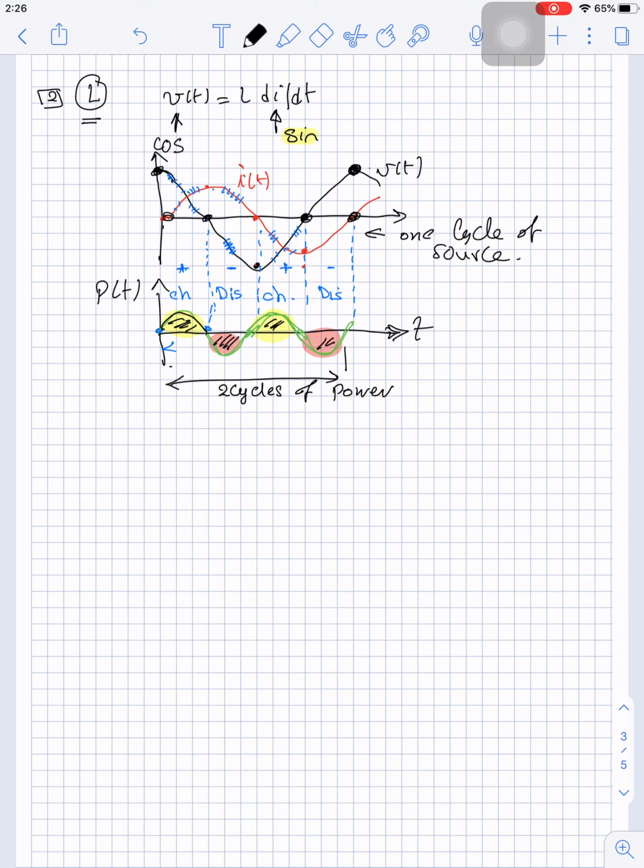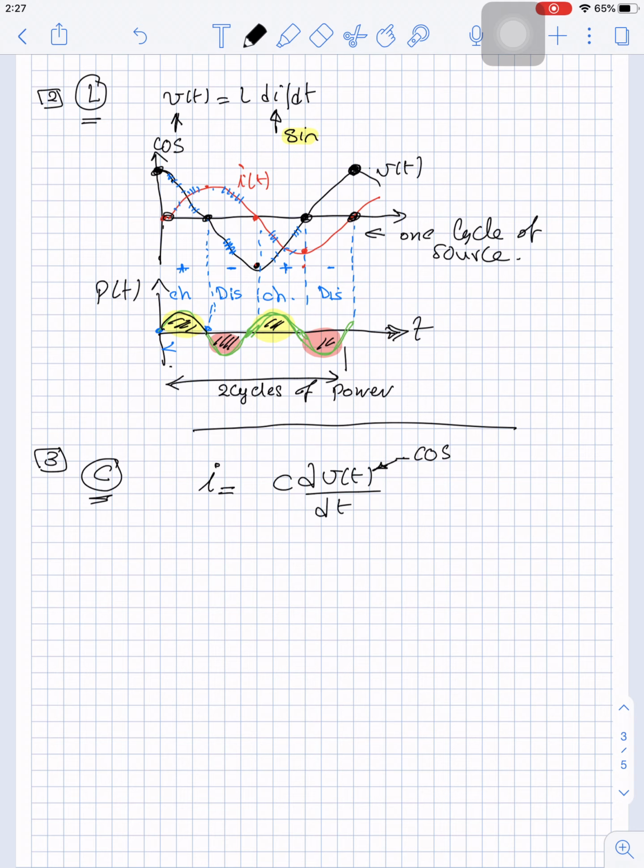Now let's take the third and last element, which is C, or capacitor. For capacitors, we have the equation I equals C dV(t)/dt.